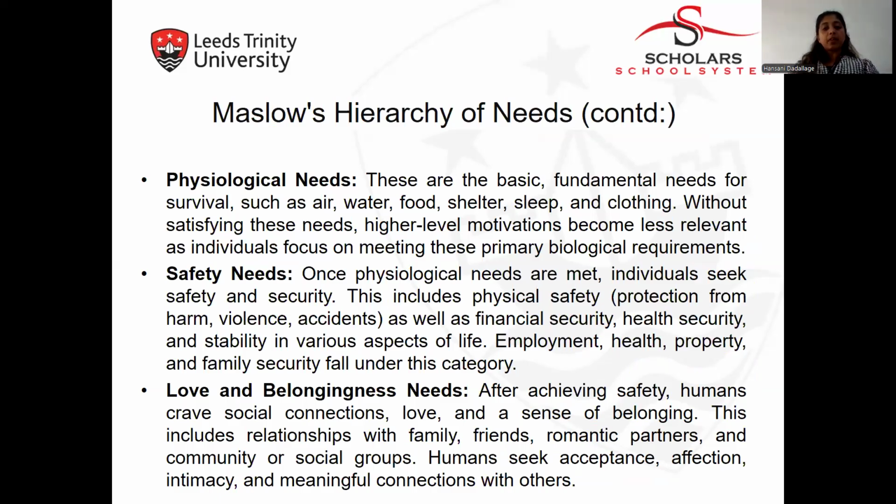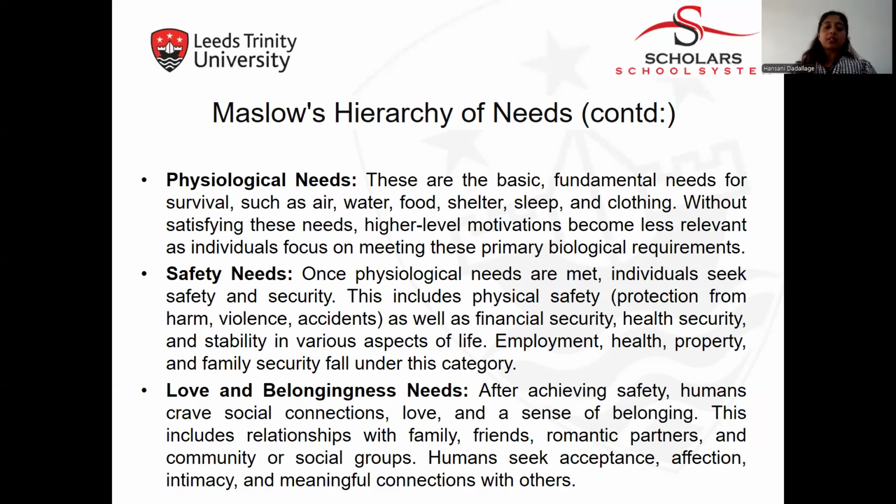These are the basic fundamental needs for survival, such as air, water, food, sleep, and clothing. Without satisfying these physiological needs, higher level motivations become less relevant as individuals focus on meeting these primary biological requirements. So, without helping the employees or individuals to fulfill physiological needs, there's no point of fulfilling their safety needs.